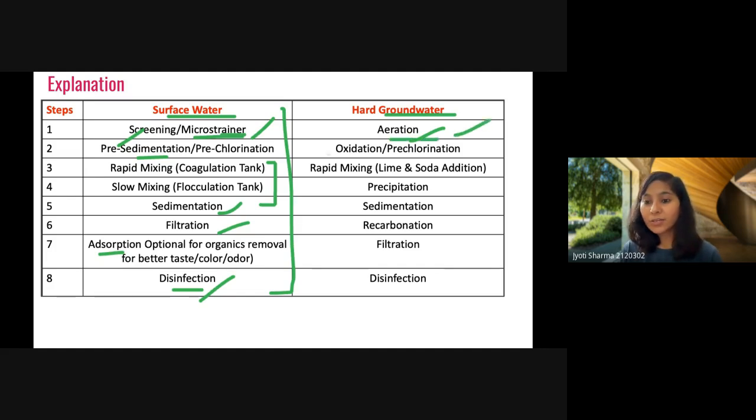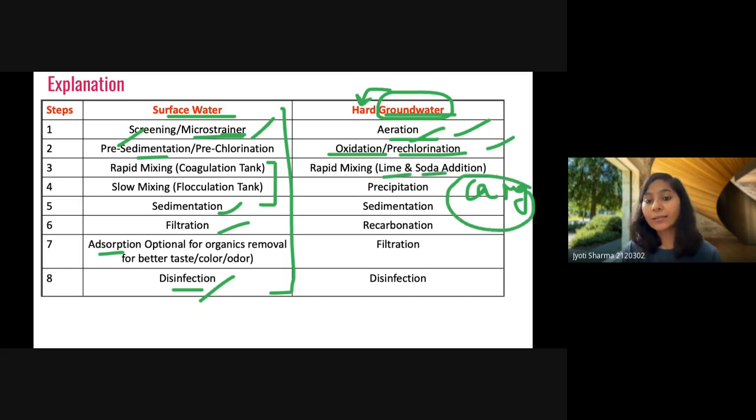Then we have oxidation, using an oxidizing agent, or we will do pre-chlorination. Then, because groundwater has a very special feature, that is hardness, due to calcium and magnesium, to remove that hardness there is lime or soda addition.